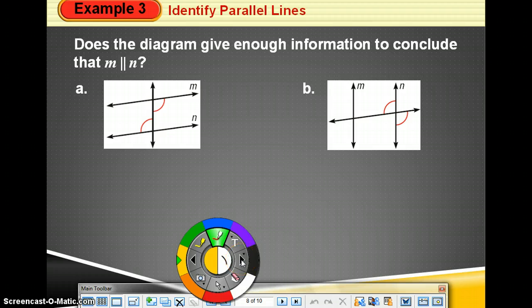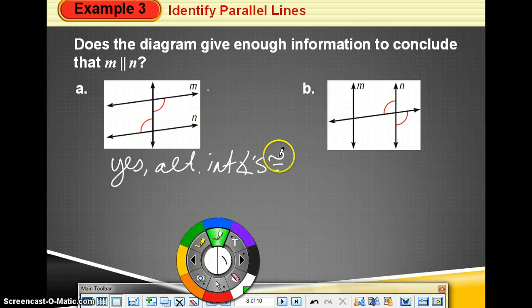On letter A, do we have enough information to say that M is parallel to N? We would say yes. Alternate interior angles are congruent, therefore parallel lines. B, we only know information at this intersection over here.